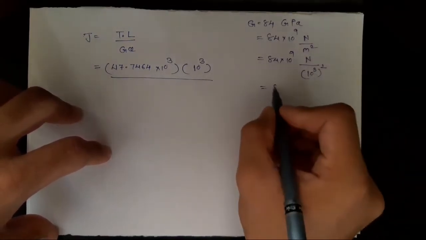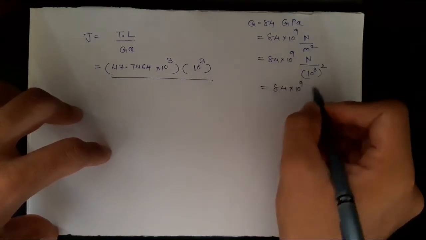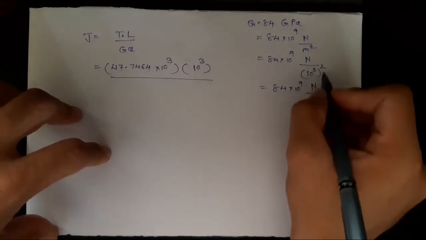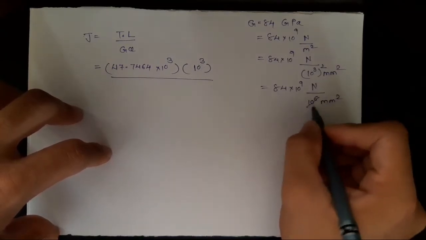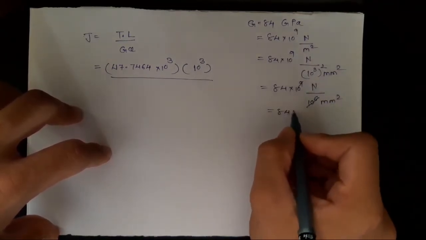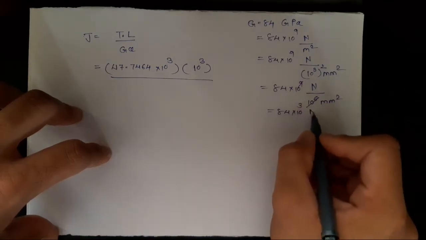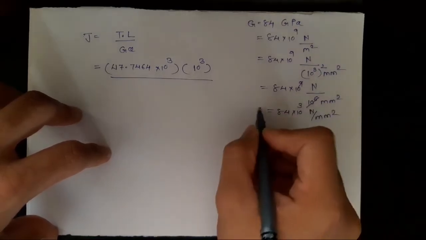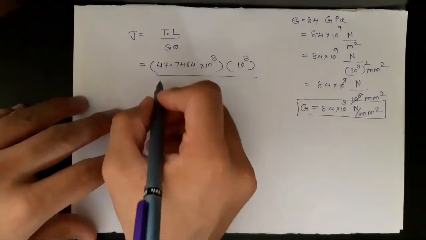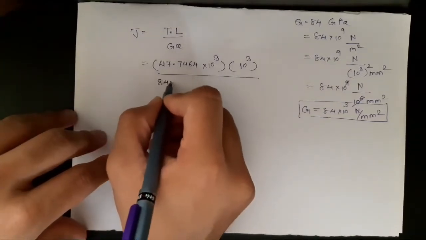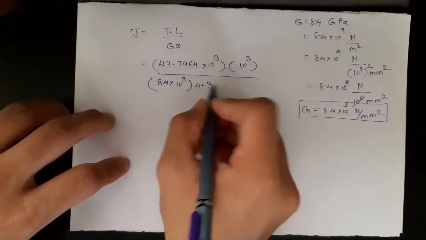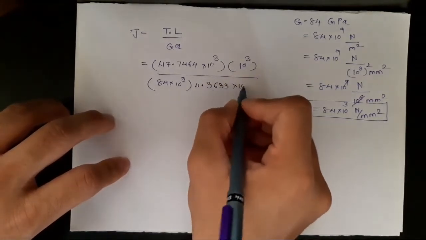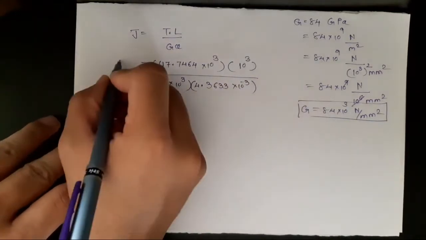So it will be 84 into 10 raised to 9 Newton per 10 raised to 6 mm square, and we get 84 into 10 raised to 3 Newton per mm square. This is G. So G is 84 into 10 raised to 3, and theta is 4.3633 into 10 raised to minus 3. Calculate this on your calculator.